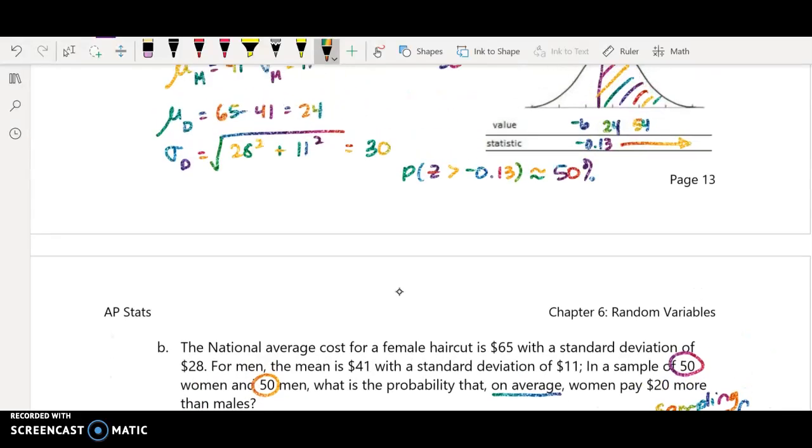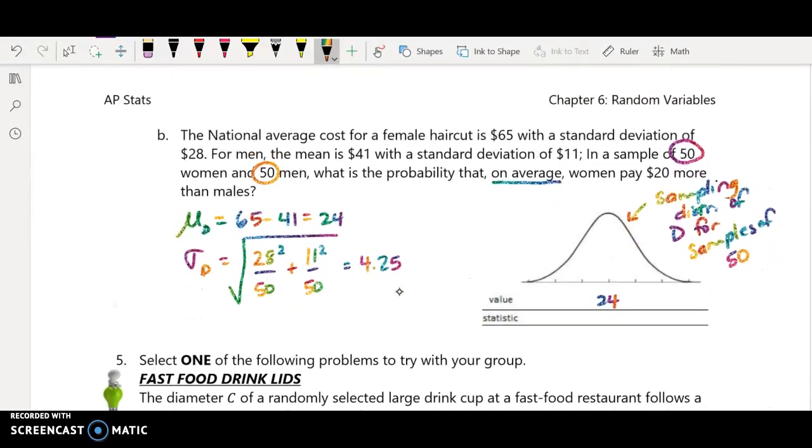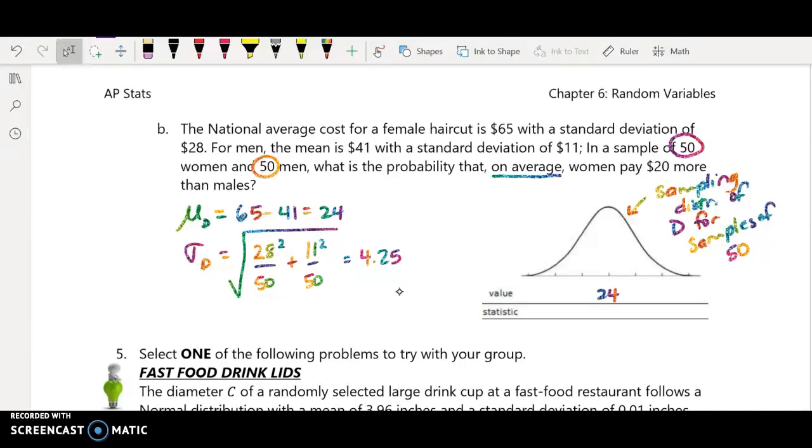Okay, so my standard deviation has gone way down. It's only 4.25, whereas before it was 30, because when I take those averages with my samples of 50, I kind of get rid of those extremes. Okay, so now when I consider that women pay $20 more than males, I'm almost at one standard deviation below, because one standard deviation below is 4.25, so 20 is maybe like here.